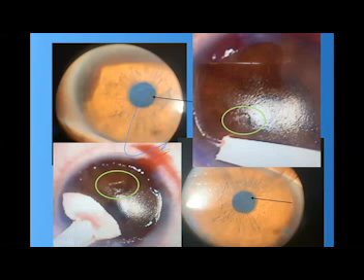When I created the flap, I captured this image for you. Look here at the green circles. You will find the scar. These are the points of scarring, which are removed with the flap.